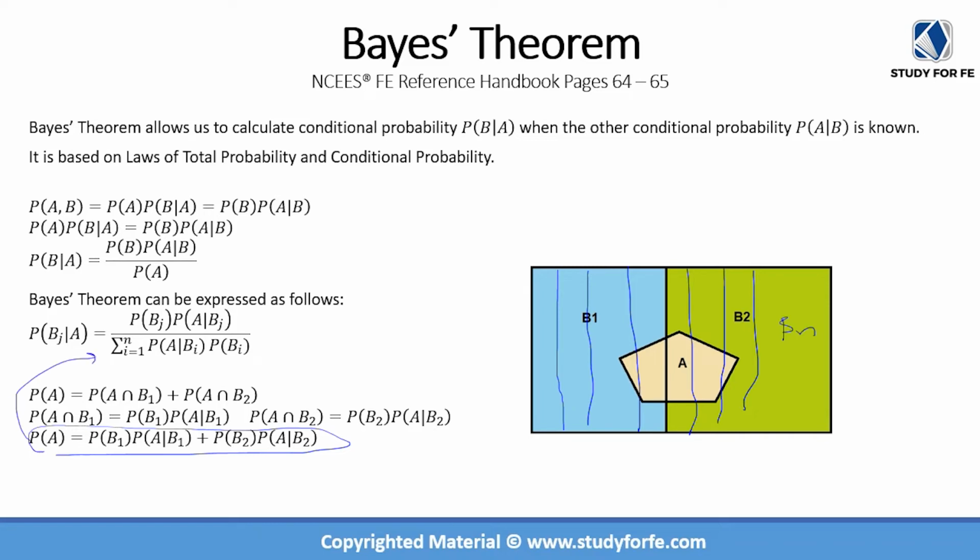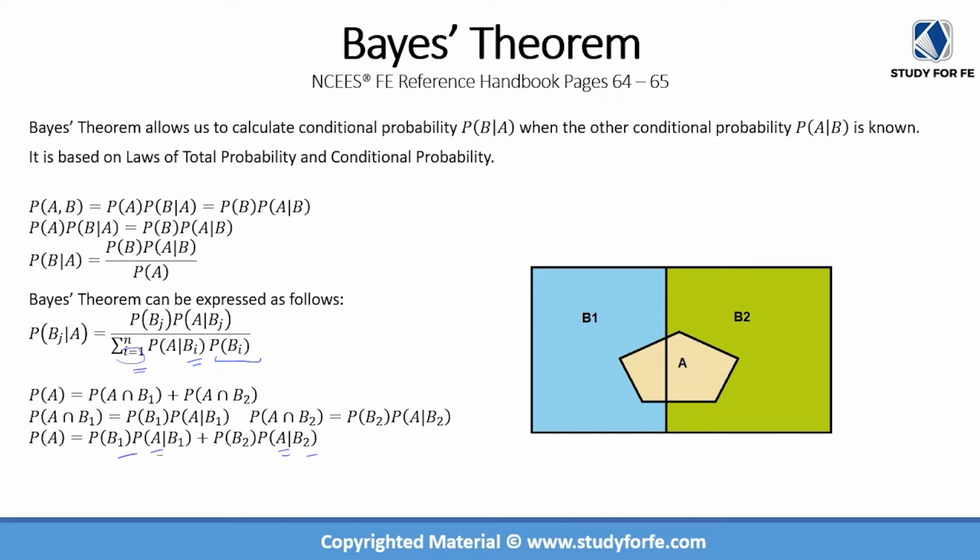So I have the probability of A, which appears in both cases, so that remains the same, given Bi. In this case we had two values of i, just 1 and 2. You can have up to n values of i, so you're just going to sum, incrementing i, times the probability of Bi.